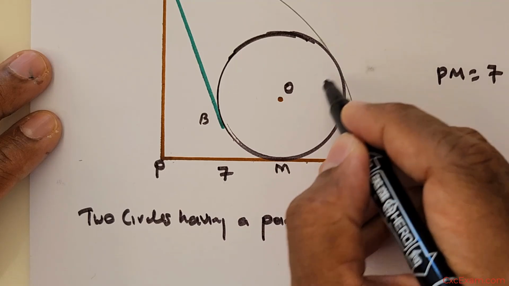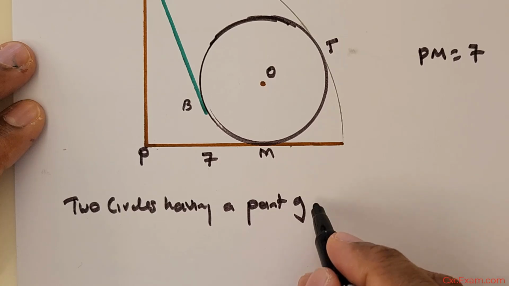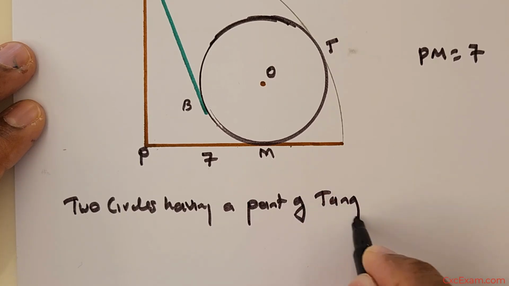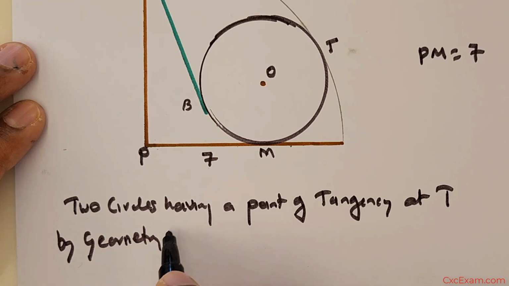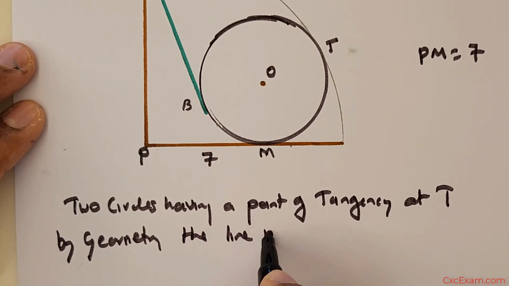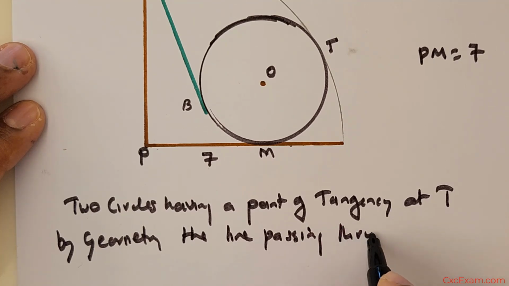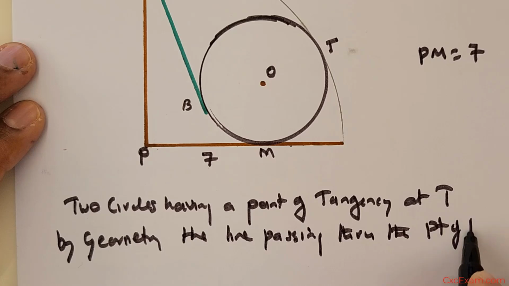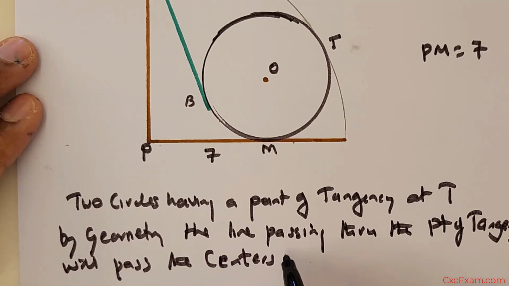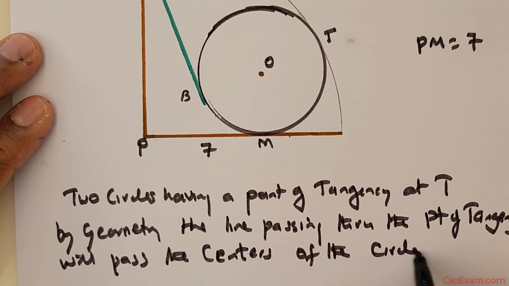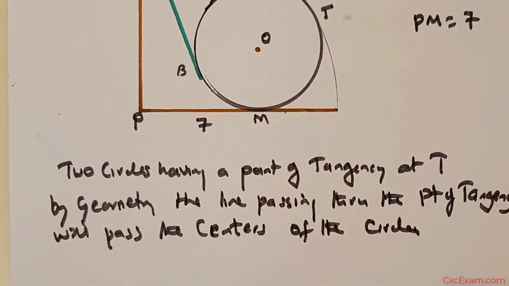Let me take that point as T. Two circles having a point of tangency at T. By geometrical theorem, or I would say by geometry, the line passing through the point of tangency will pass through the centers of the circles. Okay, that is the important law.